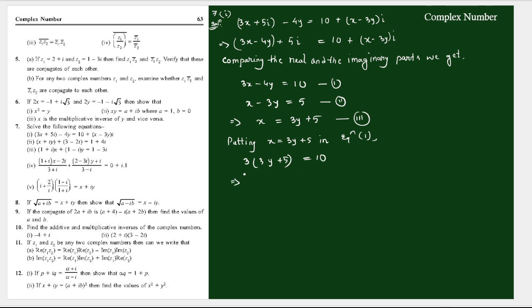So 3 into 3 is how much? 9y plus 15 equal to 10. So 9y equals, taking 15 to the other side, 10 minus 15.